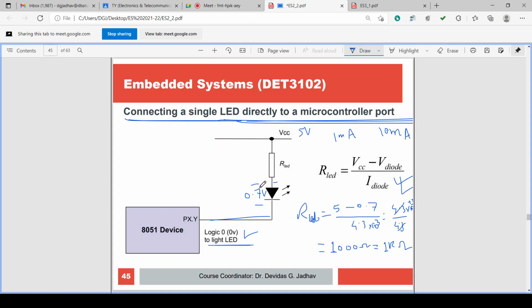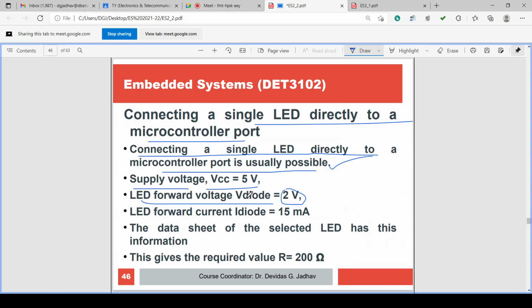Here in the example we took 0.7 forward voltage; suppose 2 volt. Then LED forward current is 15 milliampere; suppose we have to maintain 15 milliampere in the LED. We had considered 4.3 milliampere. The data sheet of the selected LED has this information. We have to check the data sheet of whichever LED we have selected for connection.